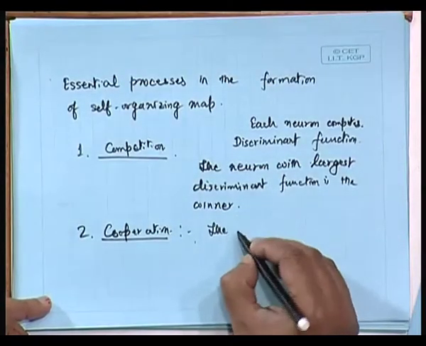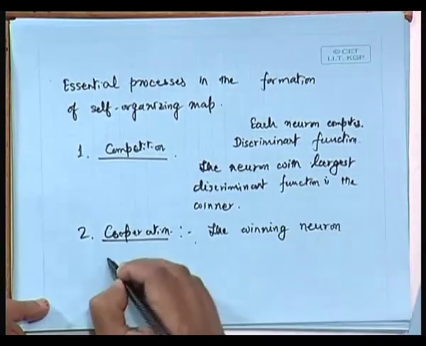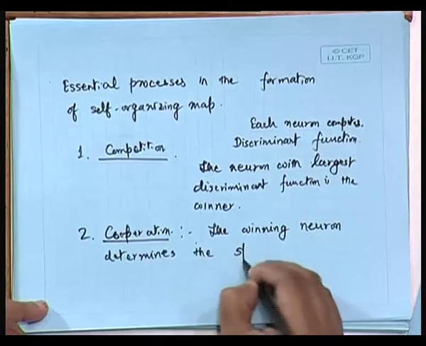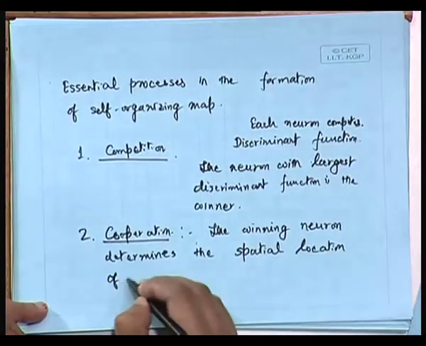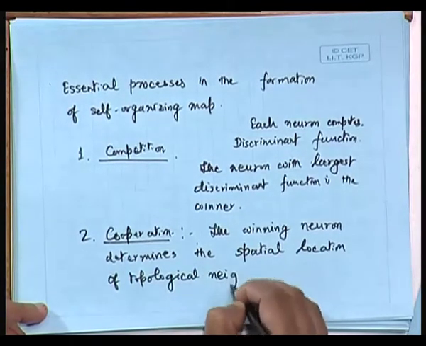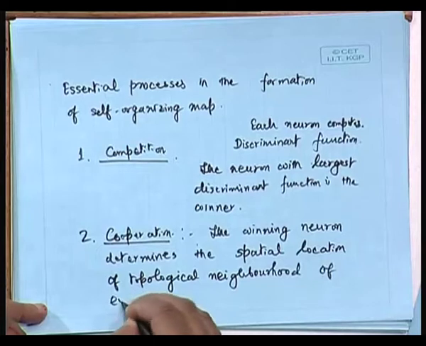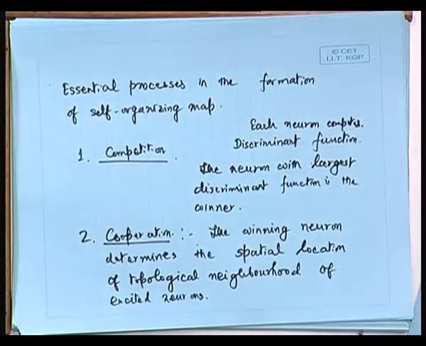So, the winning neuron will determine the spatial location of the topological neighborhood of the excited neurons.